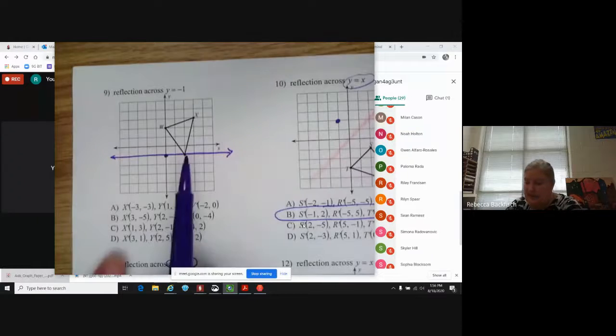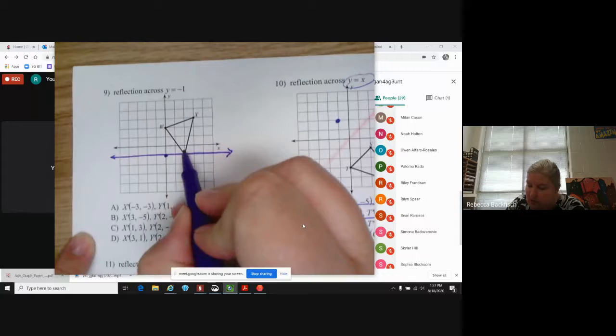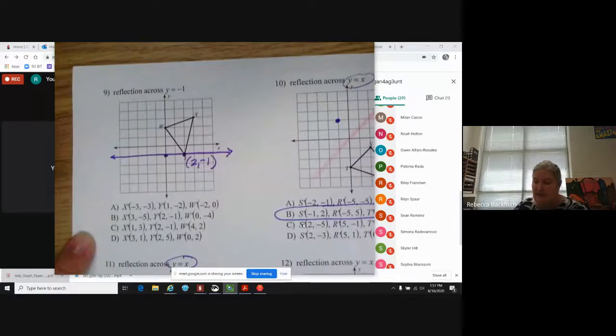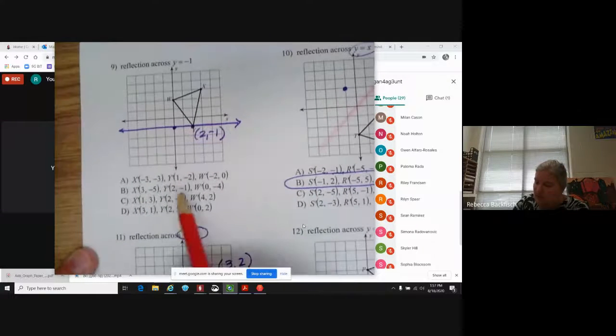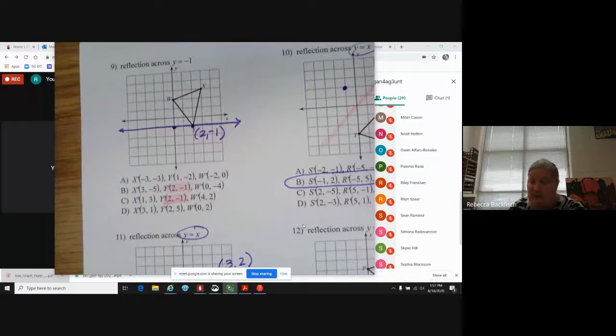So in this case, that point, Y, which is at 2, down 1, so that's (2, -1), Y is going to stay put. So that means my only possible answers here are B and C, because those show that Y is going to stay right there. So now I know it's definitely not A or D.